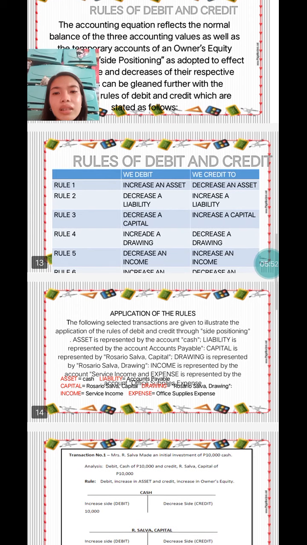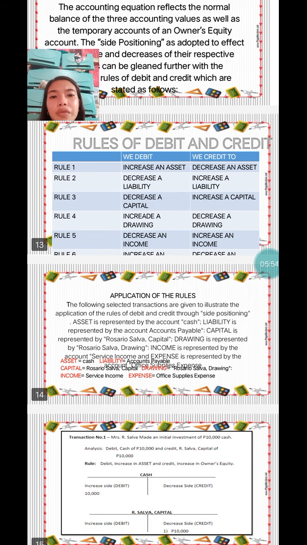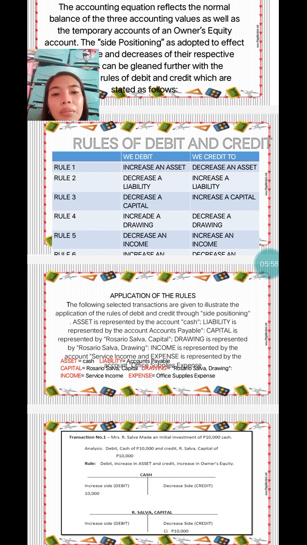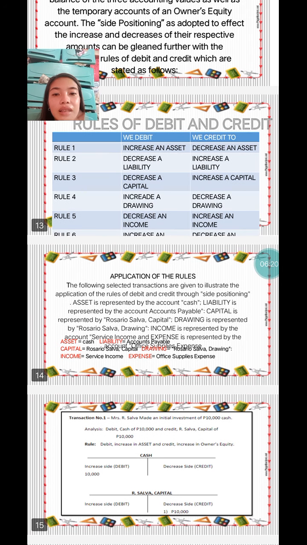Let's also discuss here the rules of debit and credit. In rule number 1, in debit, increase an asset, while in credit, decrease an asset. So it's like vice versa. Rule number 2, in debit, decrease a liability, while in credit, increase a liability. Same, like vice versa: decrease, increase, increase and decrease.